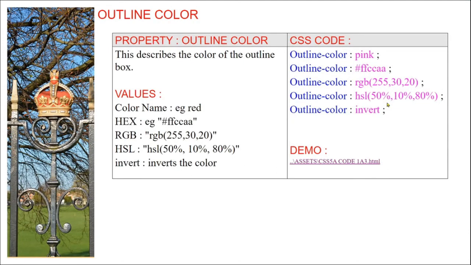Outline color. This describes the color of the outline box. So we can have a color name like red, green, yellow, blue, orange, or we can have the hexadecimal RGB format, which is for example here hash FFCCAA, or we can have the RGB function where you've got RGB brackets in decimal numbers, the 3 channels, red, green and blue.